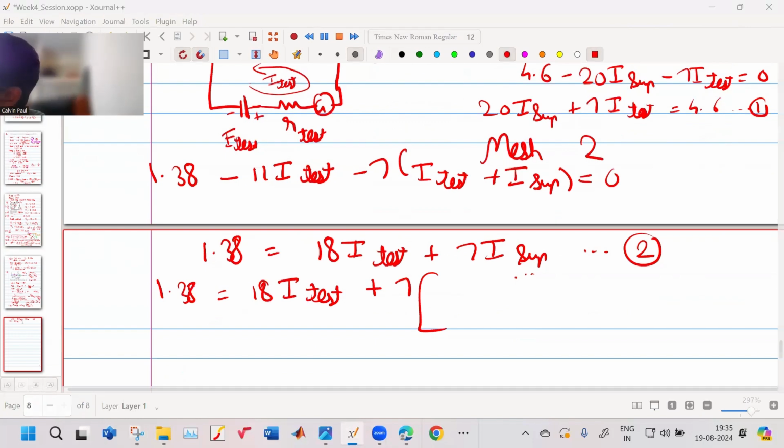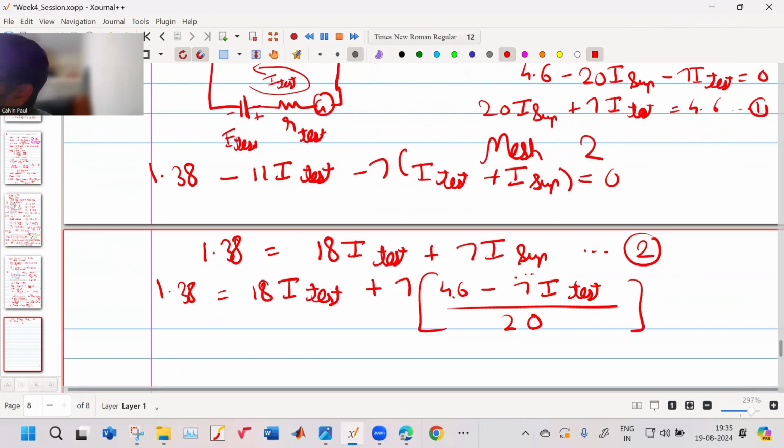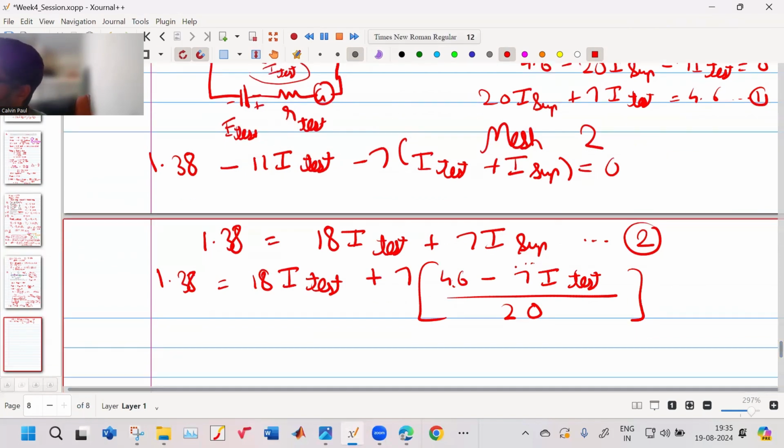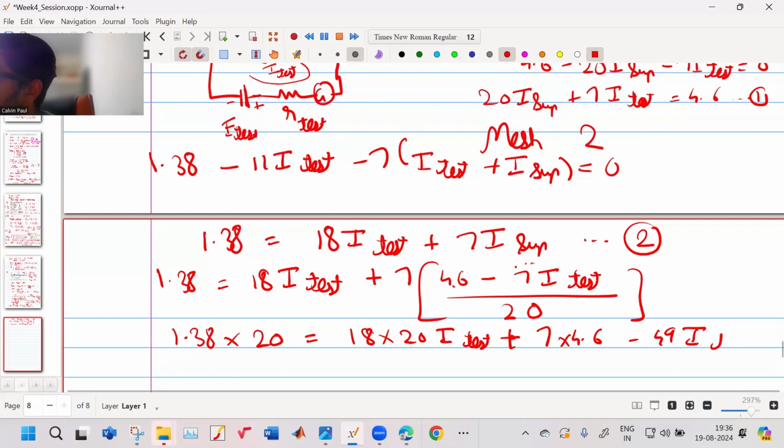So what is I supply? It is equal to 4.6 minus 7 I test upon 20. So I will do 1.38 into 20 is equal to 18 into 20 into I test plus 7 into 4.6 minus 49 into I test.